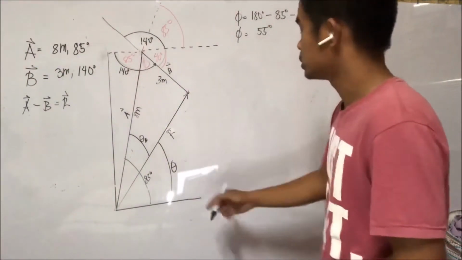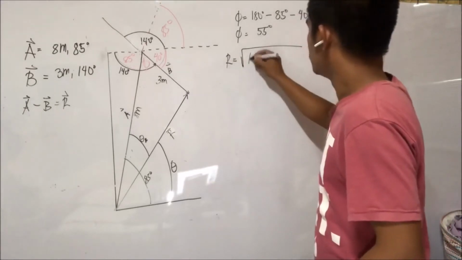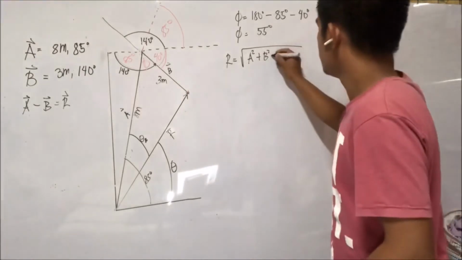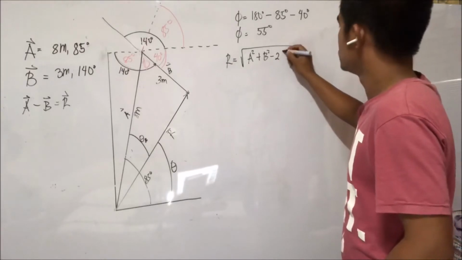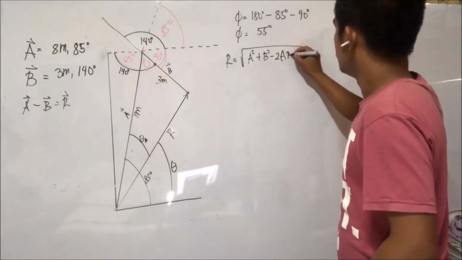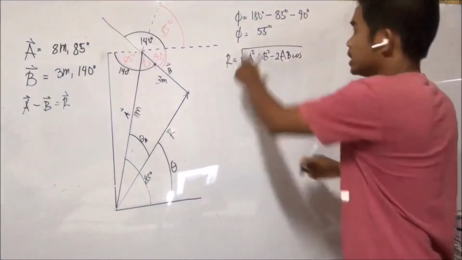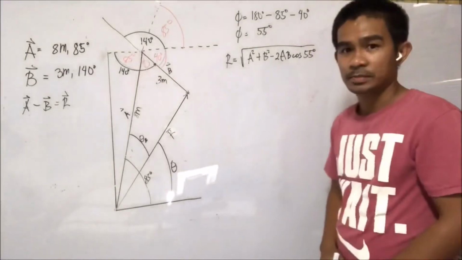The included angle is the opposite angle of vector R. So let us use cosine law. So the magnitude of R is the square root of A squared plus the square of the magnitude of B minus 2 times A times B, the cosine of its opposite angle, which is phi, that's 55 degrees.